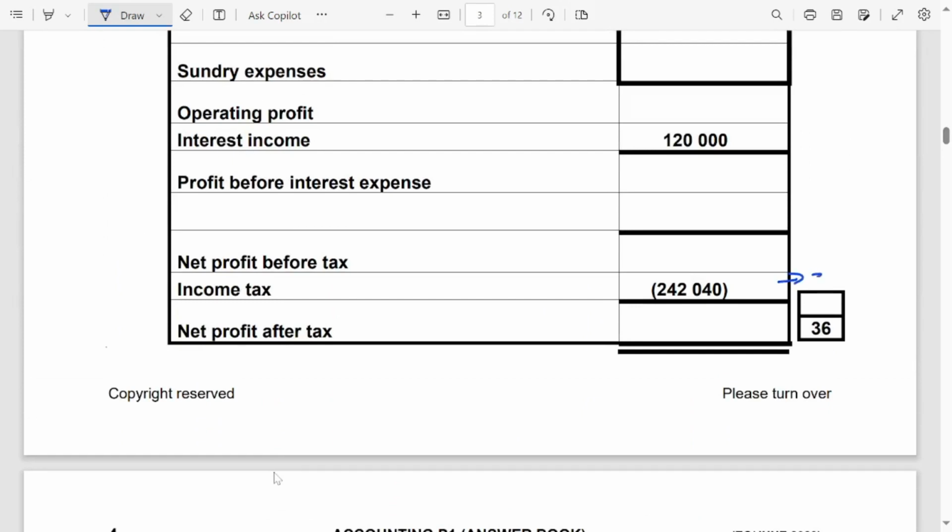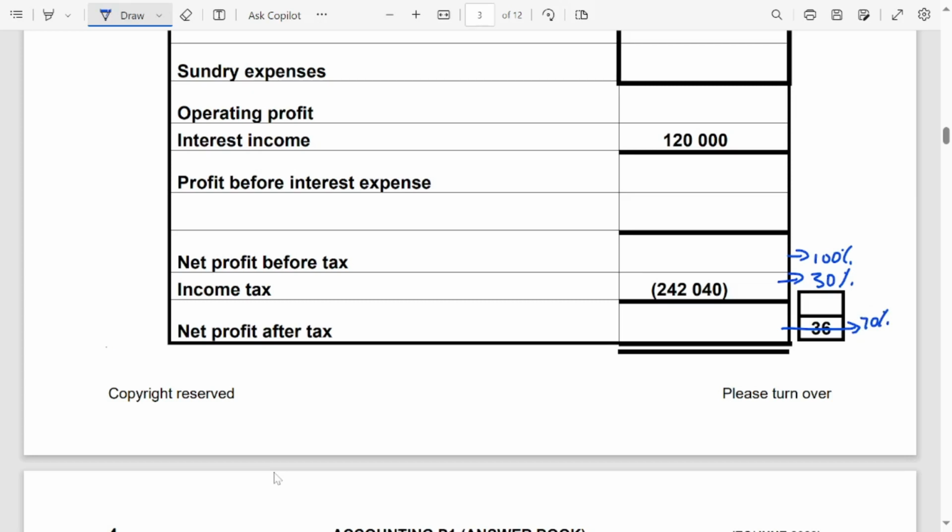It is 30%. So we know that the net profit before tax must be 100%. Then for the net profit after tax, we have deducted income tax, so after income tax it is going to be 70%. So now we can find the net profit after tax and the net profit before tax.